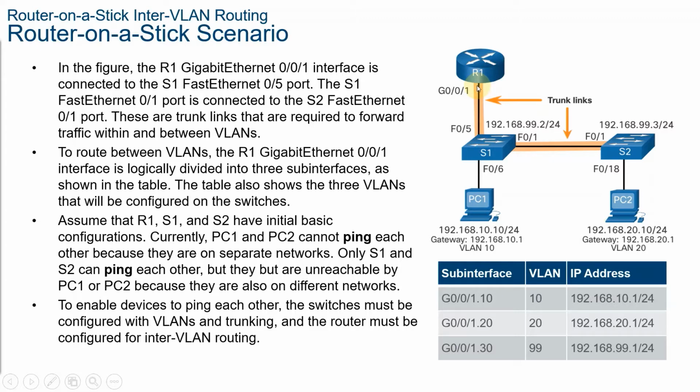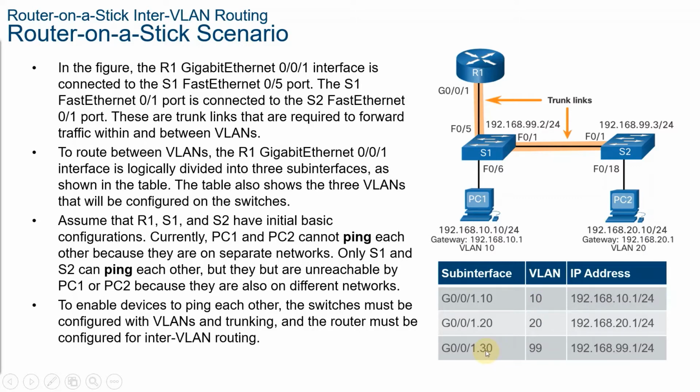Now to route between VLANs, the R1 gigabit Ethernet 0/0/1 interface is logically divided into 3 sub-interfaces as shown here. So we have sub-interface 1.10, 1.20, and 1.30. The convention is that the 10, 20, and 30 here correspond to a VLAN. Now in this example, sub-interface 1.30 corresponds to VLAN 99, but in our practice for the laboratory, we are using the VLAN number as the sub-interface number.